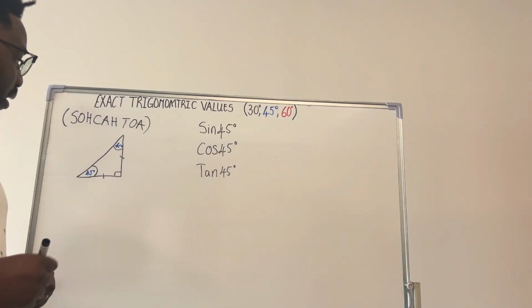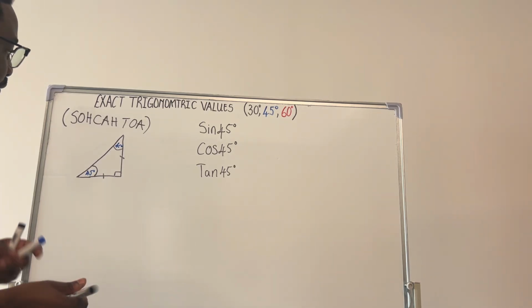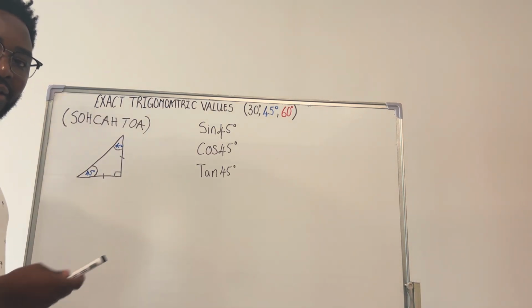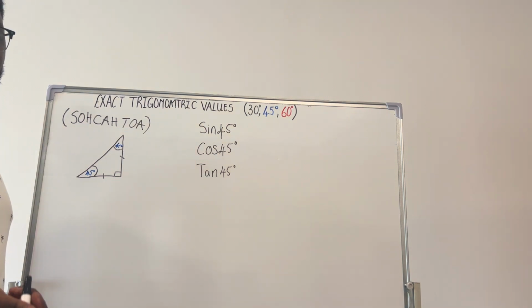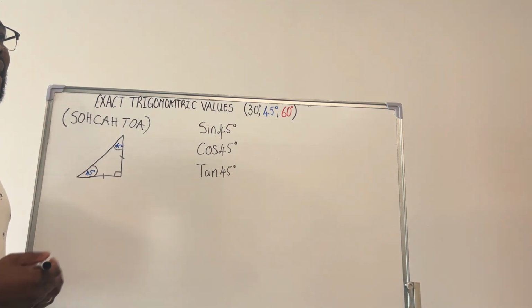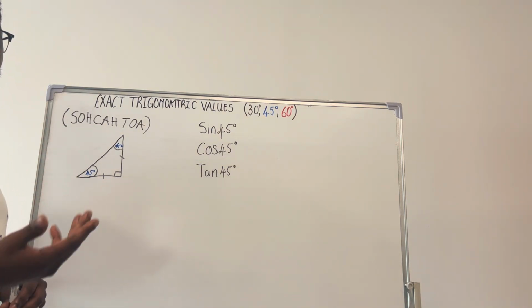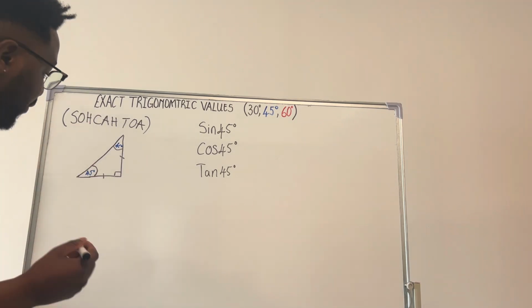Okay, now that we have that information, how about we give this side and this side a unit of 1? You can give it a unit of 2, you can give it a unit of 3, but I would advise you to give it a lesser unit, because it is easier for calculations. Okay, so let's give it a unit of 1.